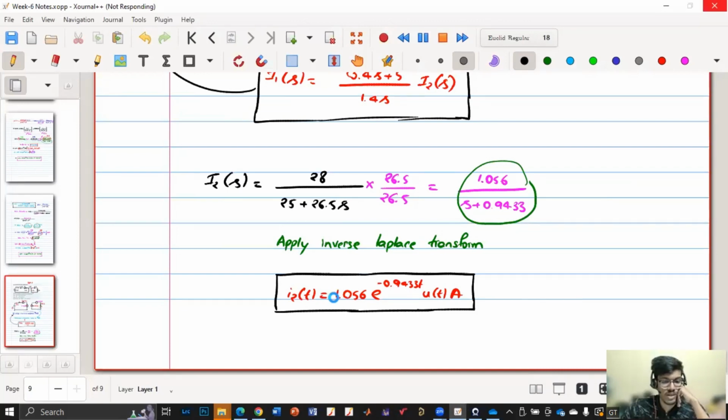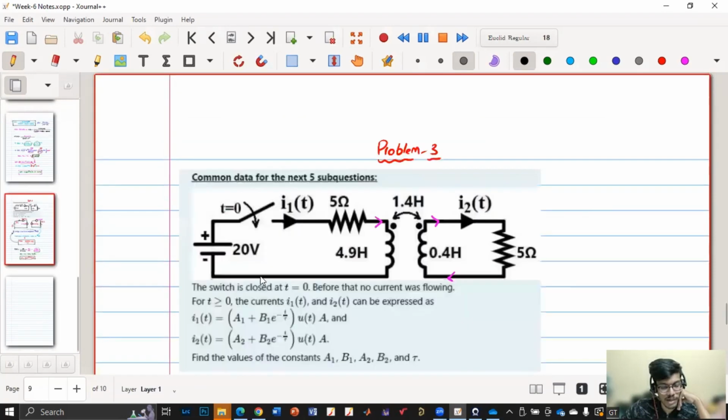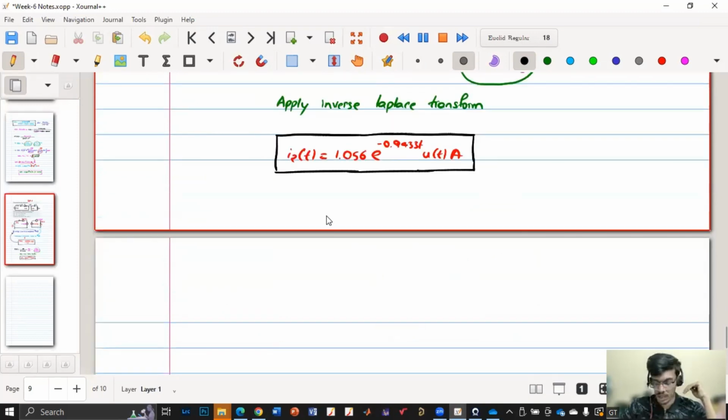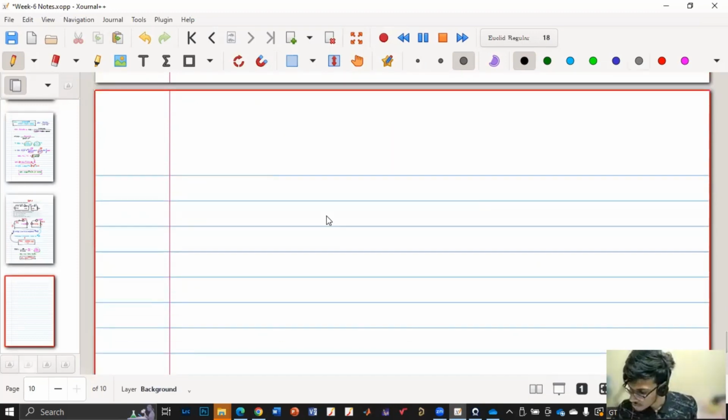For I1 of t, what we need to do is substitute this I2 of s in this I1 of s, and again simplify and see what term we are getting. Again, I will not be going into all the mathematical details now. I'll just write the I1 of s term that I'm getting. The I1 of s calculations are a bit lengthy, so I'll just show what you'll be getting.